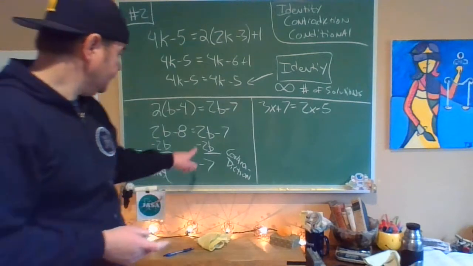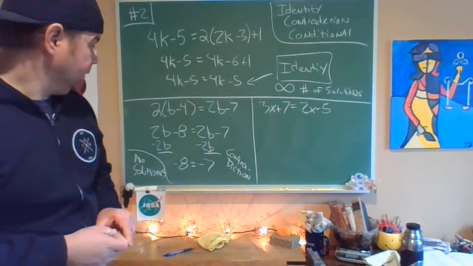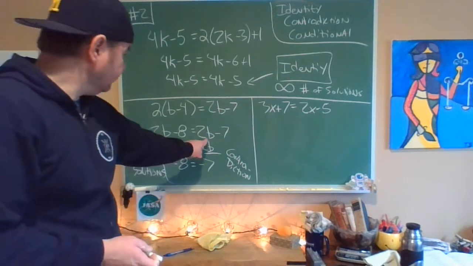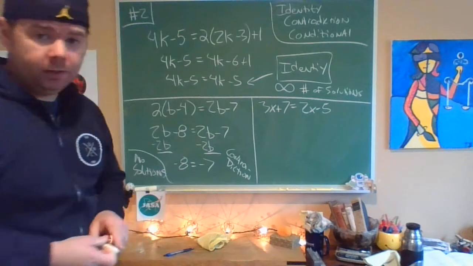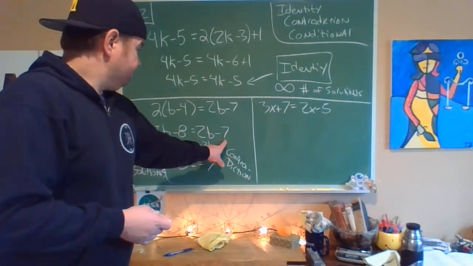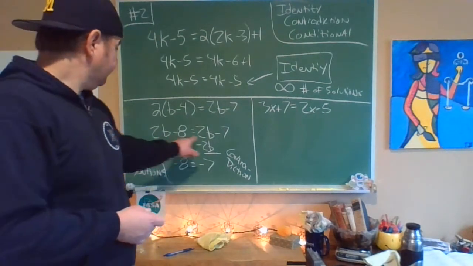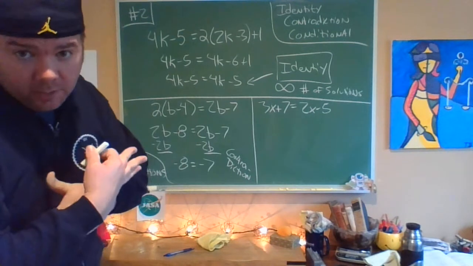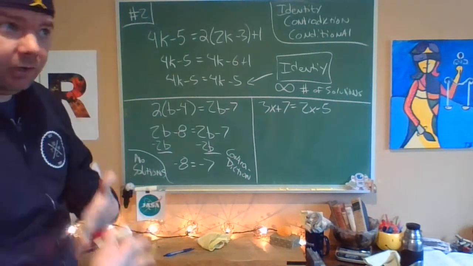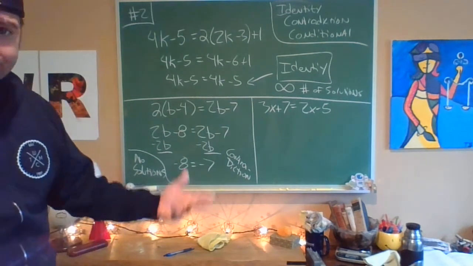On the right side, the geometric representation of 2b minus 7 is also a line with a slope of 2, so these two lines are parallel. But the y-intercept over here is negative 7. Same slopes, different y-intercepts means those lines will never intersect. If the lines never intersect, then there is no solution to that equation.